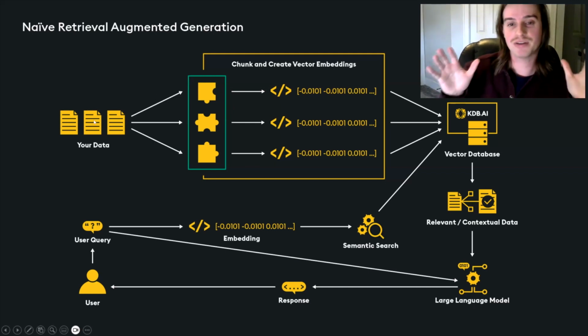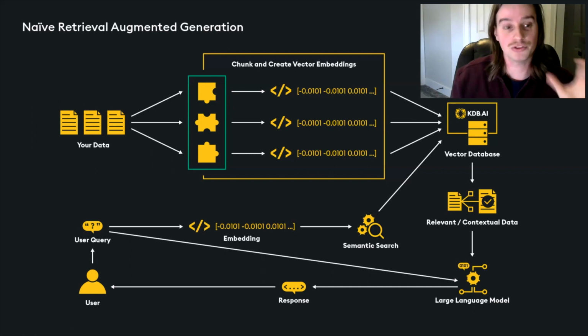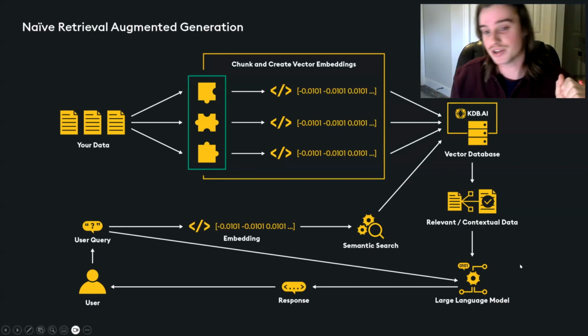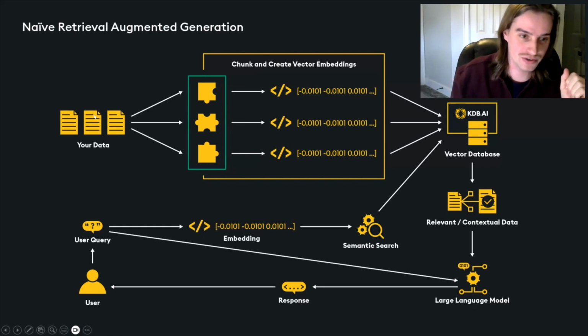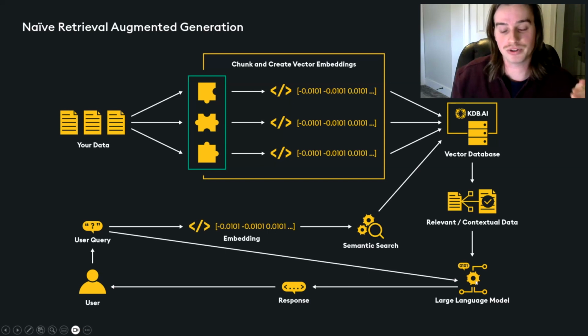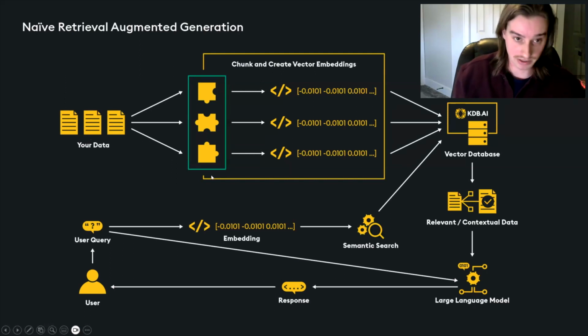But if we take a step back even further, what we need to understand is that the goal of this entire pipeline is to introduce our data to the large language model. That's the whole point of this pipeline. But we do this in a step-by-step process. And the first step is to take our data and chunk that data up.